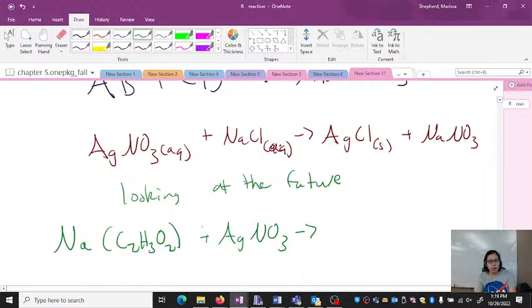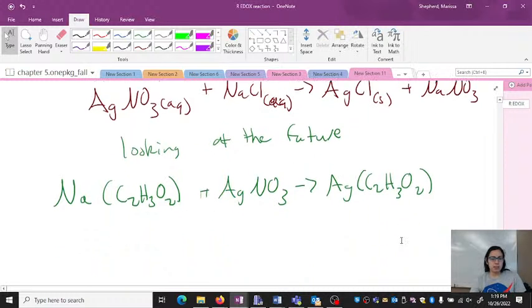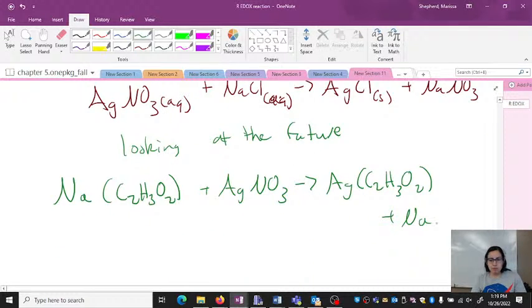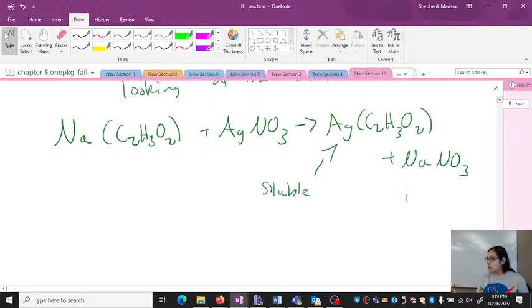In theory, we would do the same thing, swap the partners, so silver acetate plus sodium nitrate. This looks like it would react, you might expect something. But looking into the future, we'll later find out that this is actually soluble, meaning that there's nothing driving the reaction forward. They would just be staring at each other in a beaker.